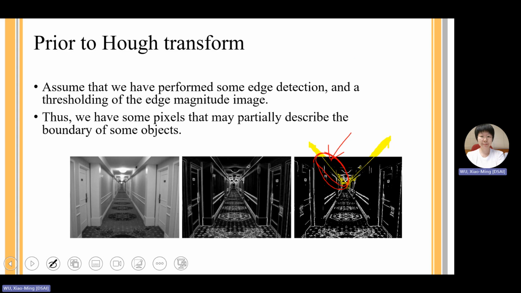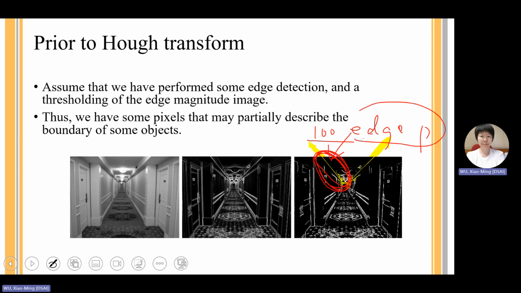So for example, if we know there are 100 edge pixels, you know, edge pixels are those pixels left on the image after thresholding.